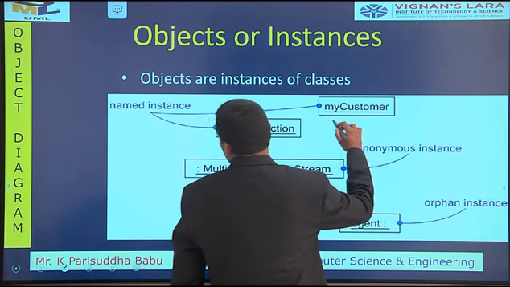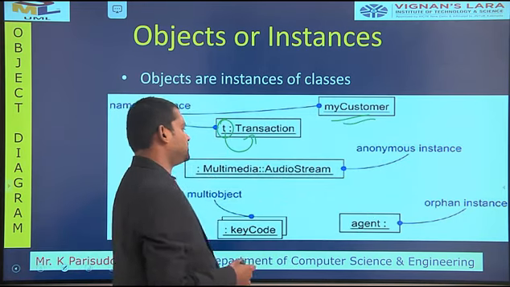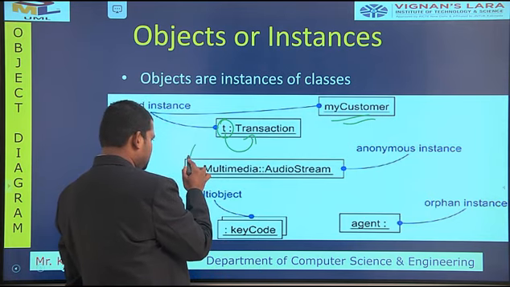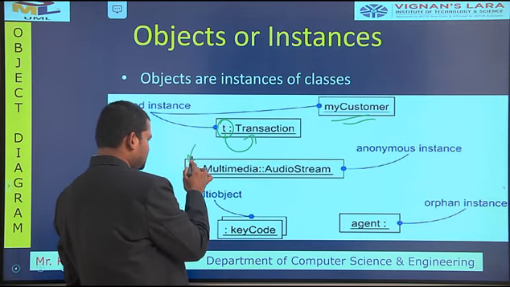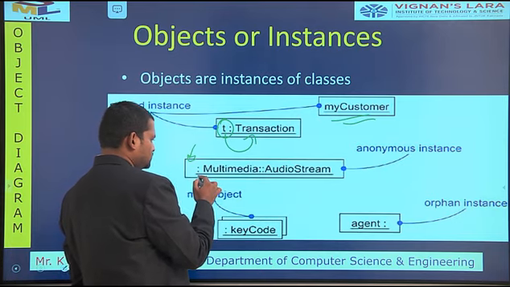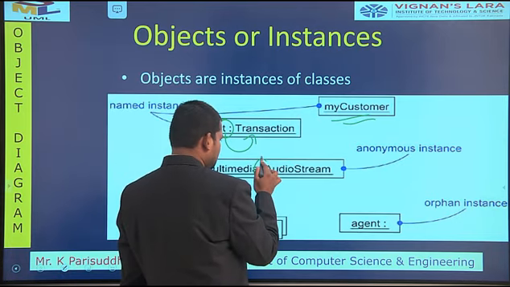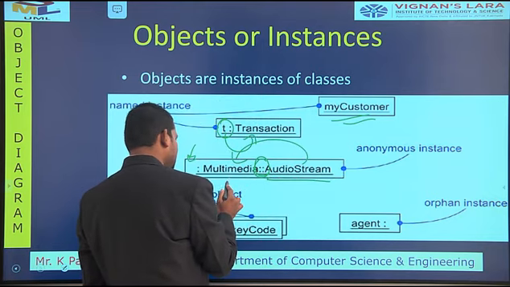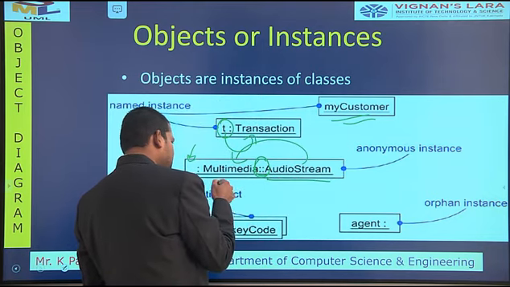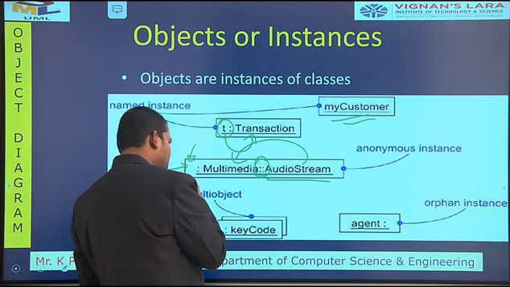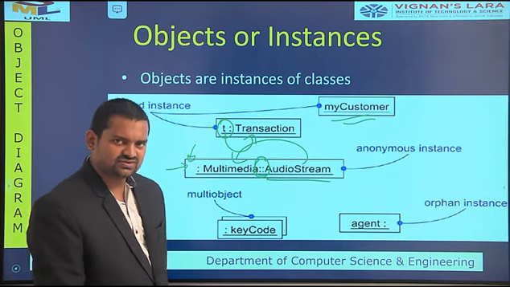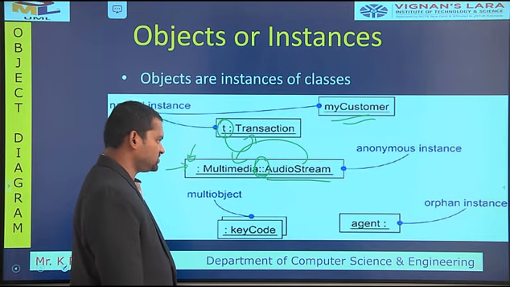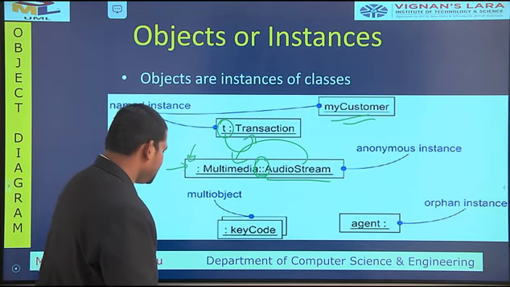So my customer is a named instance. After the colon we write the object name. So multimedia with the scope resolution operator, audio stream. Audio stream is available in multimedia. This multimedia belongs to a particular object. You can write any object there. Simply, we say anonymous instances.